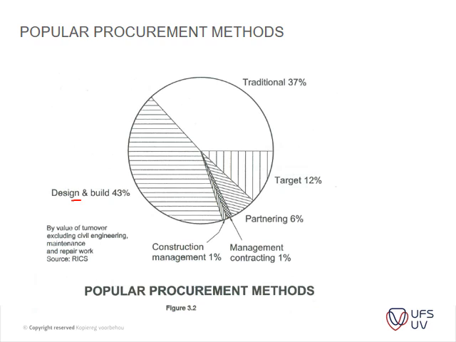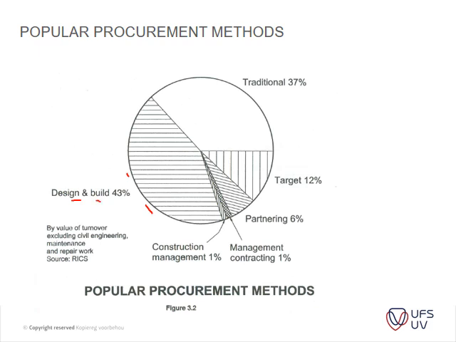So you can see design and build comprises a big chunk of the cost in the UK. And the reason for that is usually the civil engineering or the big road and railway projects that they've got there. South Africa is very similar to this because our big projects are usually also design and build.